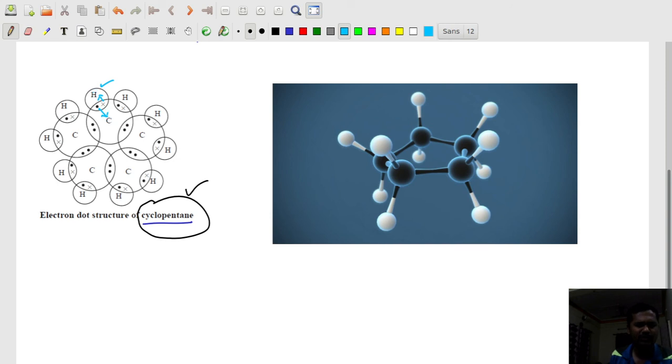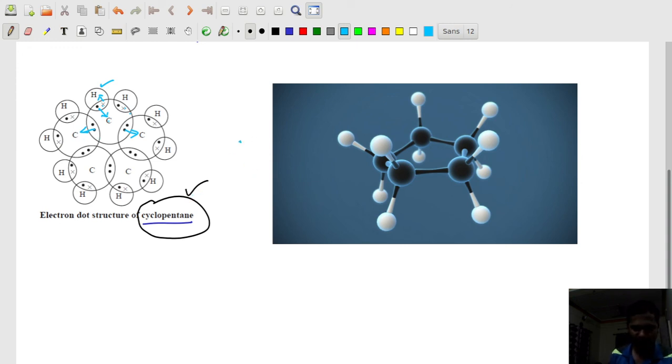And in this circle of carbon you will find 8 electrons: 4 from this carbon and the remaining 4 from the adjacent atoms. This gives us the electron dot structure of cyclopentane.